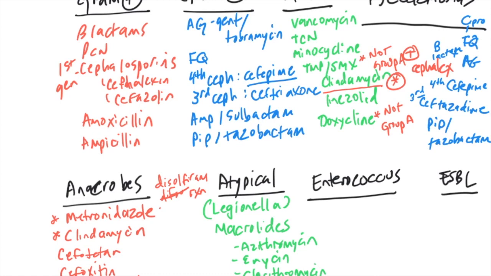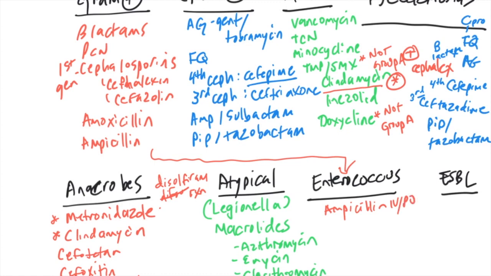The next category, let's talk about Enterococcus. Now, Enterococcus I've pulled out of the gram-positive category because it also deserves its own special column. For Enterococcus, the number one treatment is ampicillin. The good news is it's cheap. It's been around for a long time. It is multiple times per day. It does come in IV or PO.